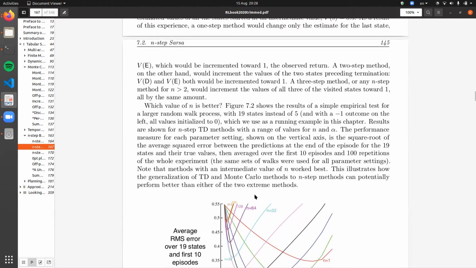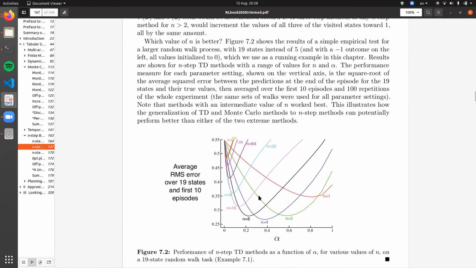So basically we do random walks starting in the center, and we can end up in the left or in the right terminal state. We get a reward of 1 if we end up on the right, and -1 if we end up on the left.